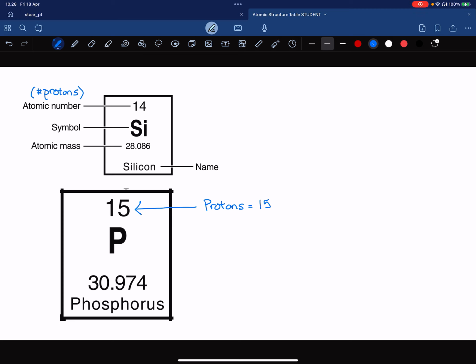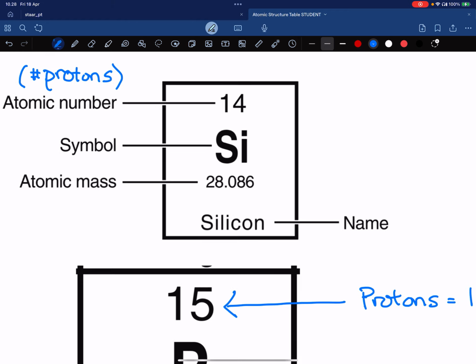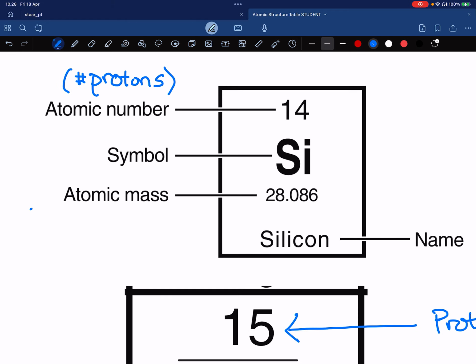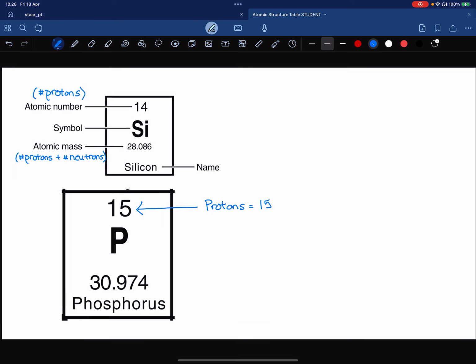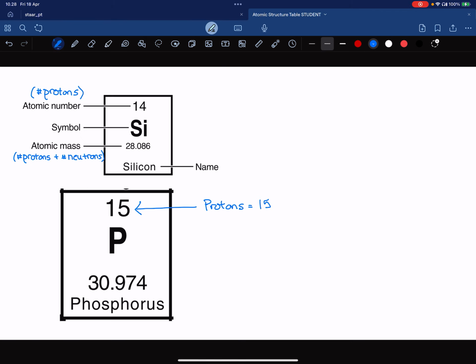Now, atomic mass is the number of protons plus the number of neutrons. And of course, you know from the work that you did before you started this that those protons and neutrons are in the nucleus of the atom.